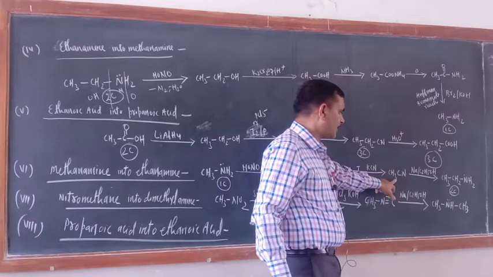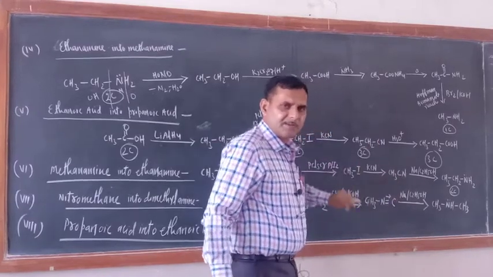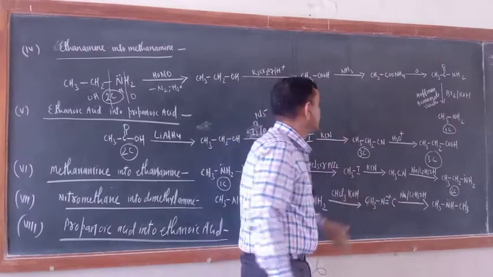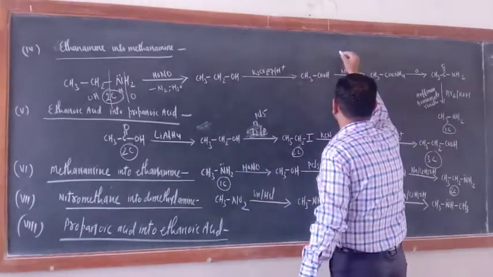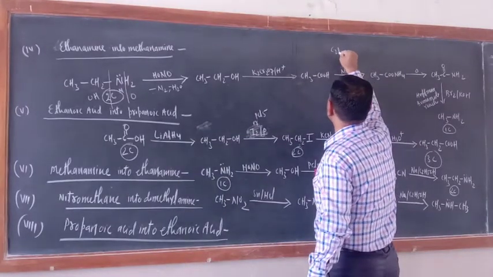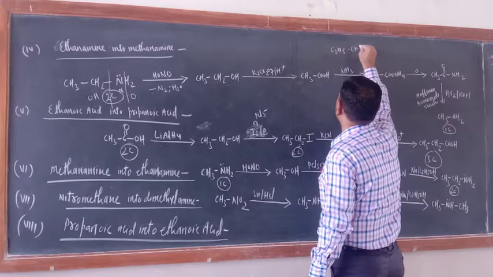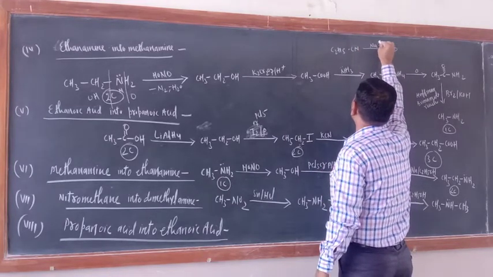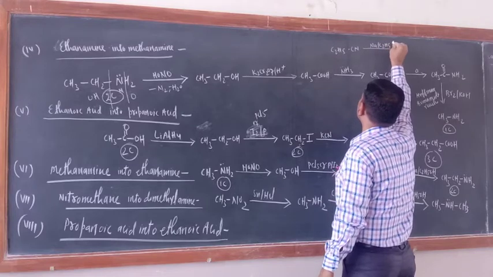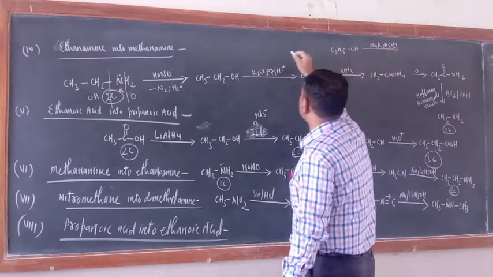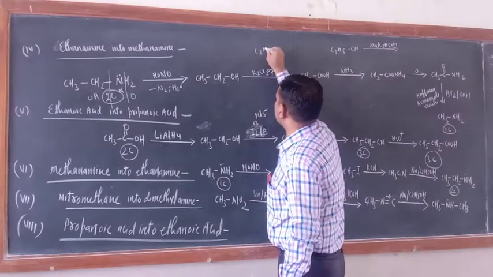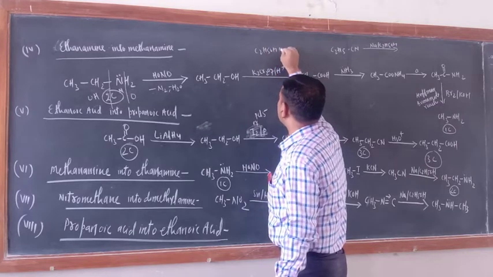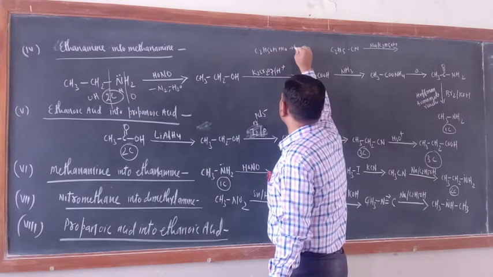Cyanide you have got, and cyanide when subjected to reduction, just see, remember here, this is C2H5CN. Okay. Now here you are taking C2H5OH. I taught this reaction earlier only. So just remember, when C2H5OH reacts with Na. So what is the product here?